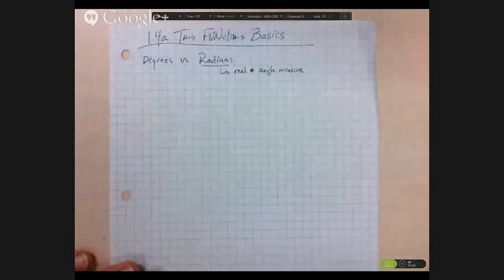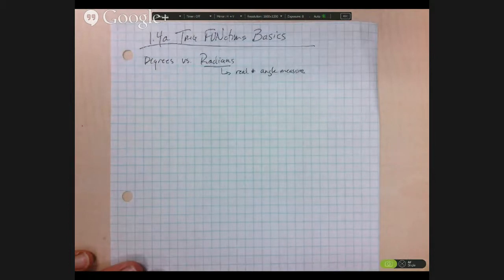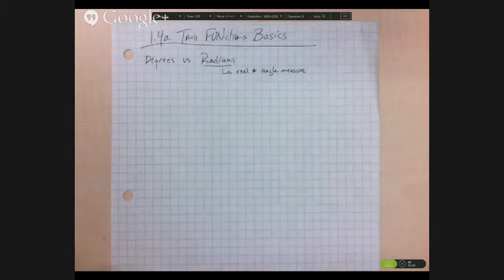Degrees repeat. Radians can go on forever in either direction. So just be aware that we have radians because calculus deals with the real numbers, and we need something to represent that in calculus.